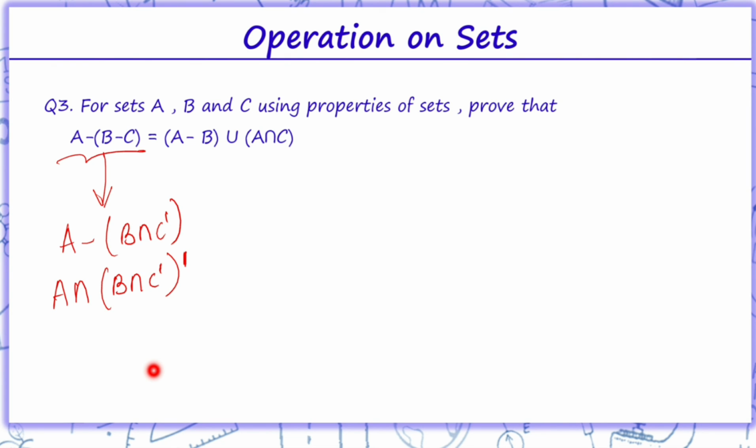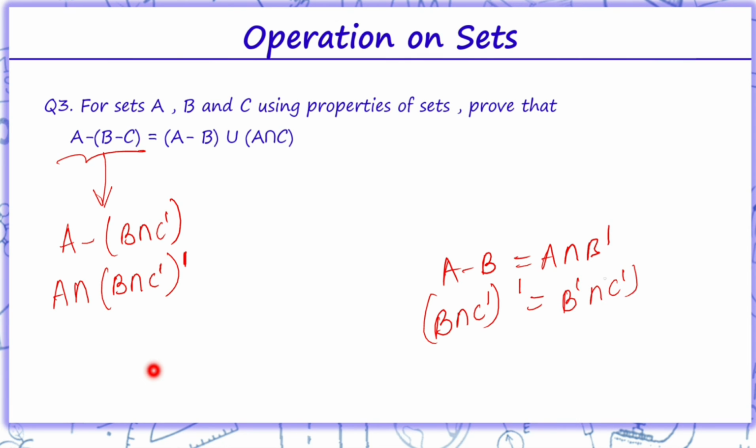Now next, we know, if it is A minus B, it can be written as A intersection B complement. Now we have also studied B intersection C complement's complement, so it can be written as B complement union C.